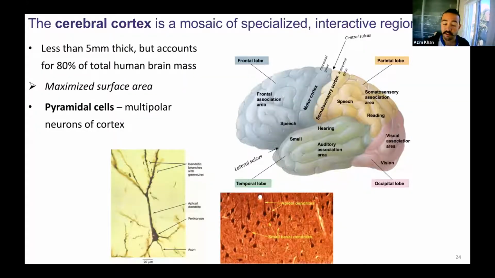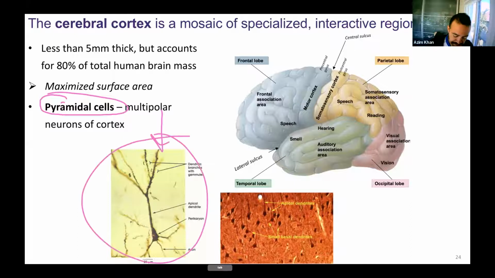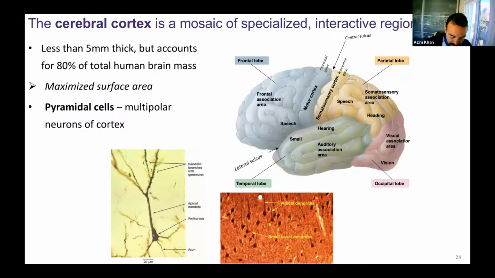The neurons that you can find within the cerebral cortex are called pyramidal cells. They're shaped like little pyramids. Here is a nice isolated stain of a neuron showing a pyramidal cell.